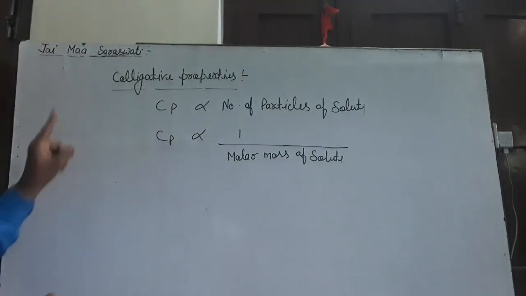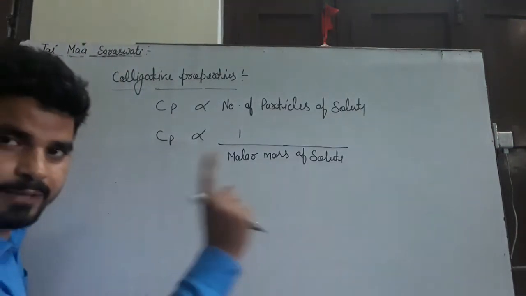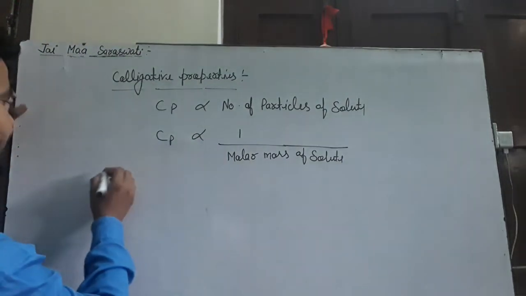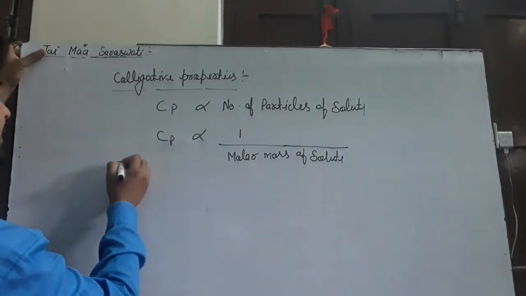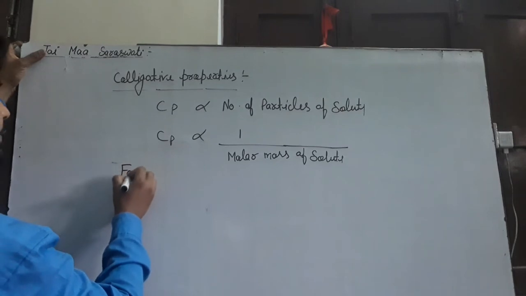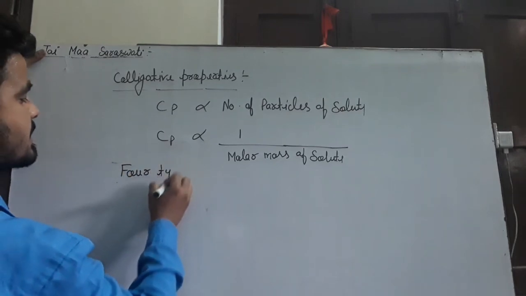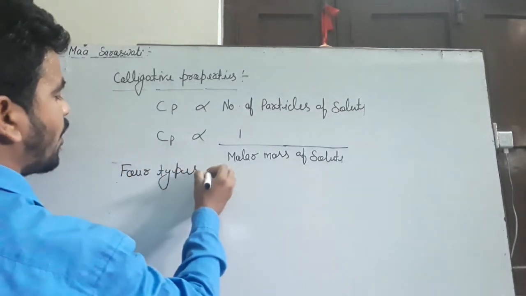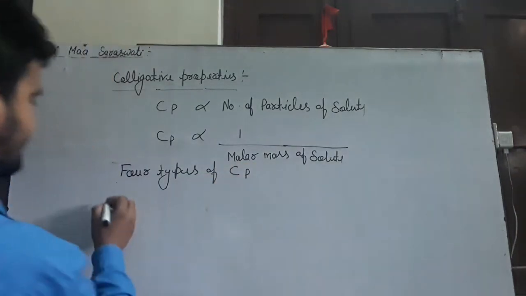So moving ahead, there are four types of colligative properties, dear children. Write down everyone.